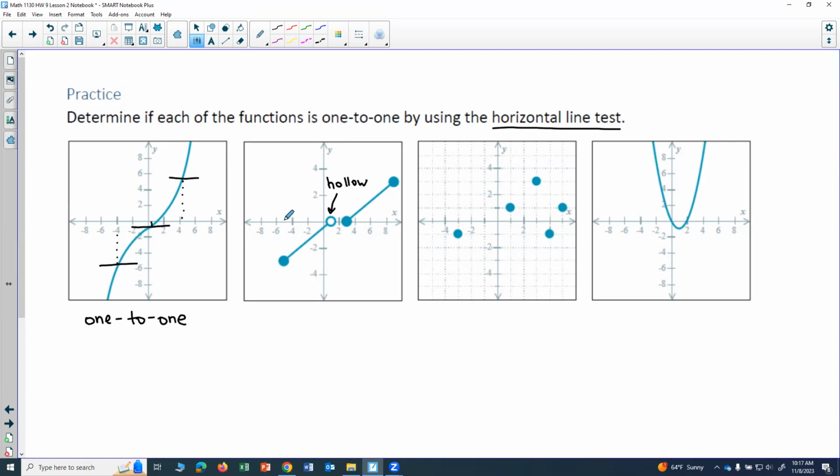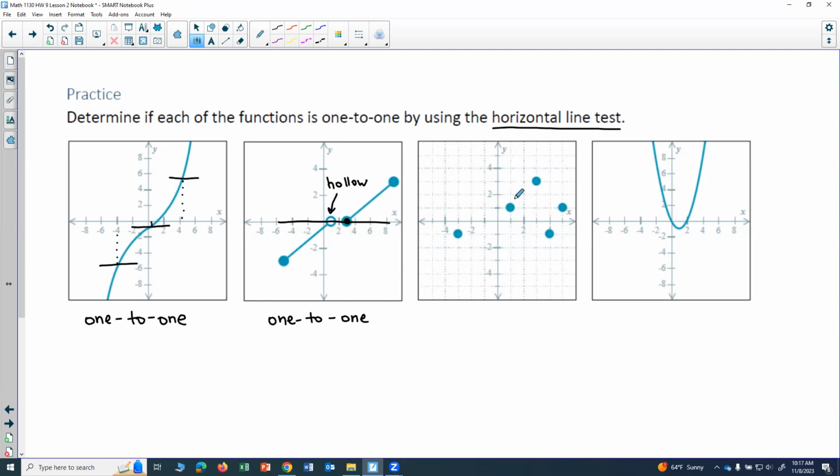So even if I drew a horizontal line right here, we would consider it to only be touching the graph at the filled in dot. And so this one is also one-to-one. It passes the horizontal line test because that's a hollow dot. And so a horizontal line drawn right here, the only intersection with the graph would be at that filled in one.